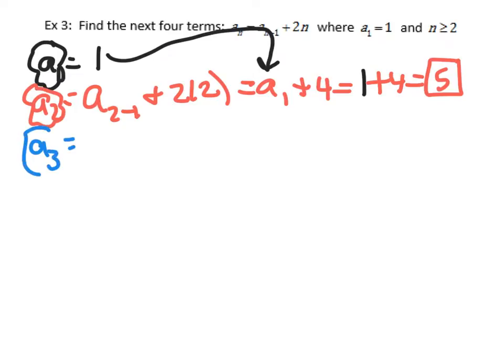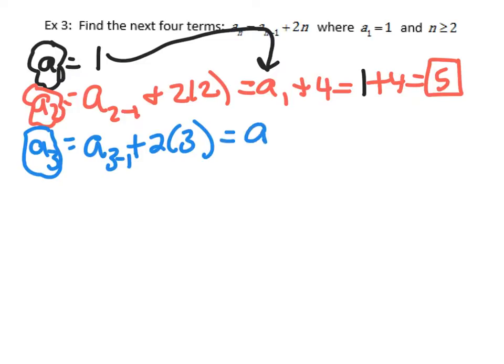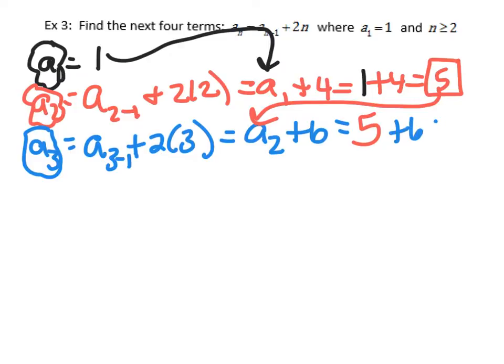Third term that we're going to find is a sub 3 minus 1 plus 2 times 3. So a sub 2 plus 6. And we already know that our second term was 5, plus 6 gives me 11.